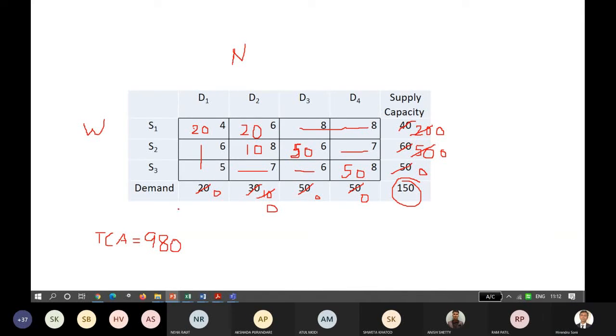Since these costs are in 4,000, 6,000 and so on, it is 980,000. That means 9,80,000 would be your total cost when I am following the northwest corner rule method.